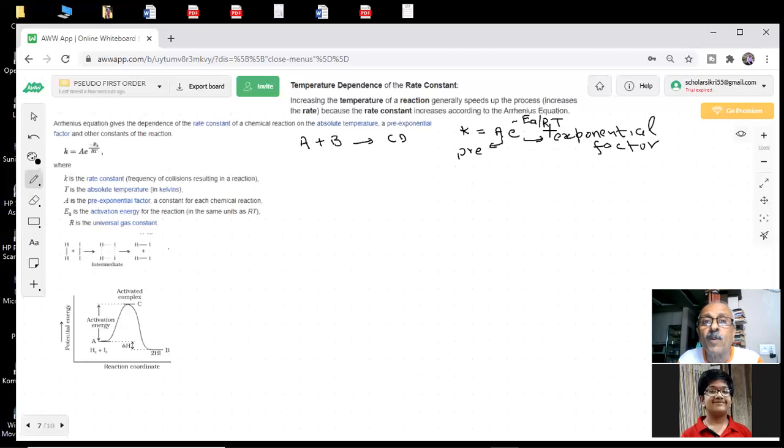There is going to be some collision between the molecules, and after they collide, they form products. But can all the collisions give the products?